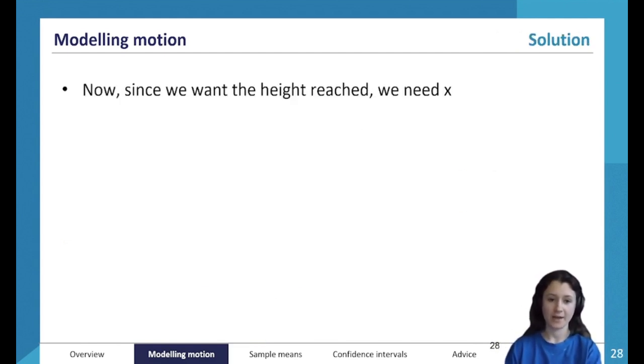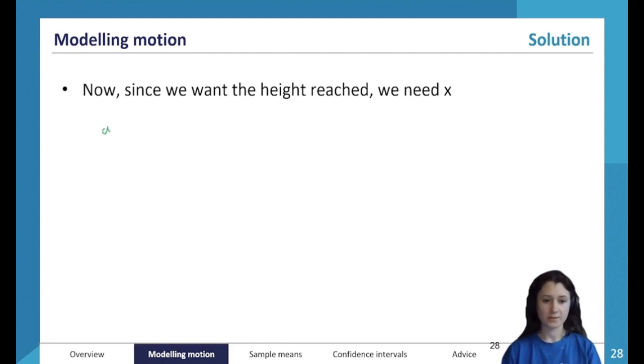I want you guys to have a look back at your formula sheet. See what formulas are on there and have a guess as to what equation we can actually use here.